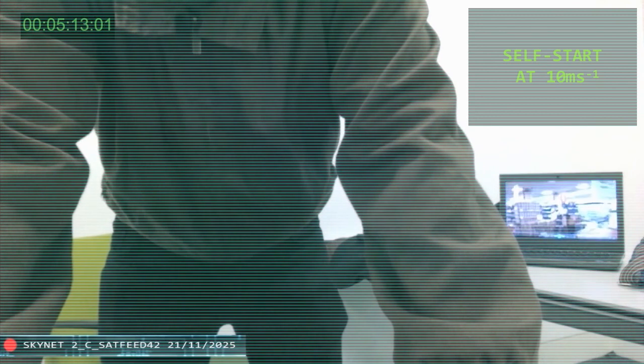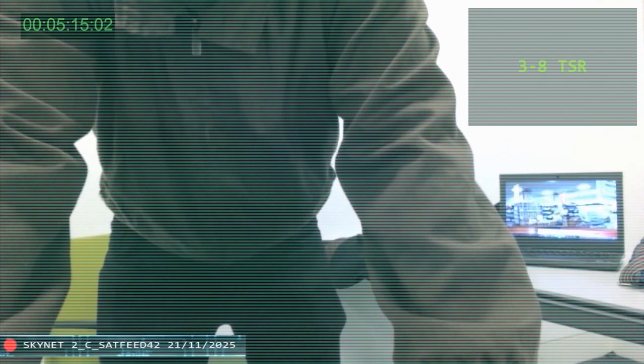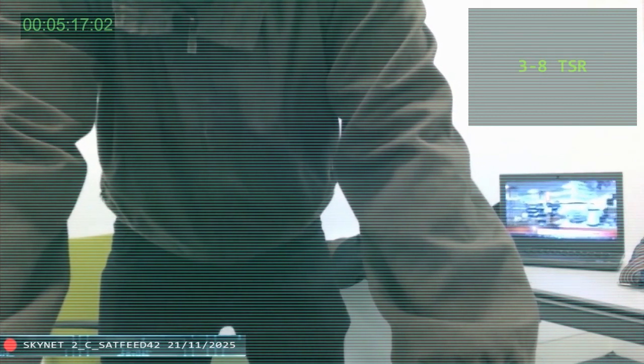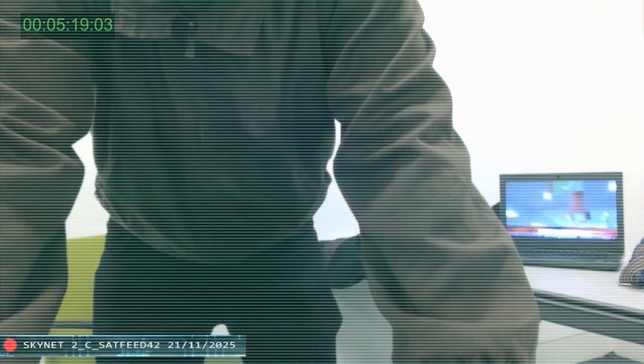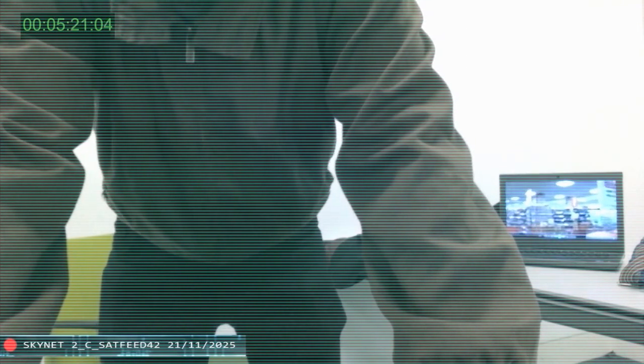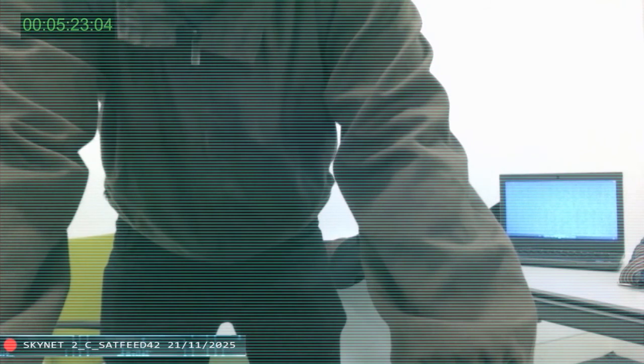It must self-start at 10 meters per second, and the maximum power should occur between a tip-speed ratio of 3 and 8. I'm running out of time. You will need help. Find Group 10 in Roderick Hill 252 at Imperial College.